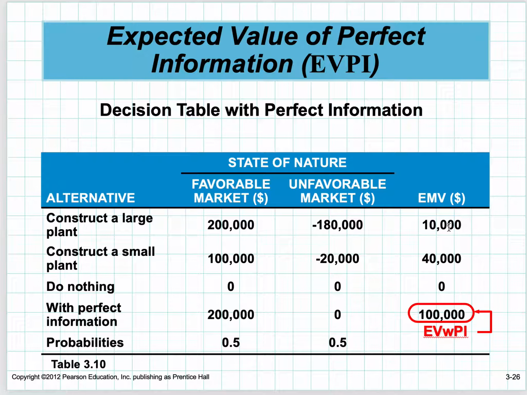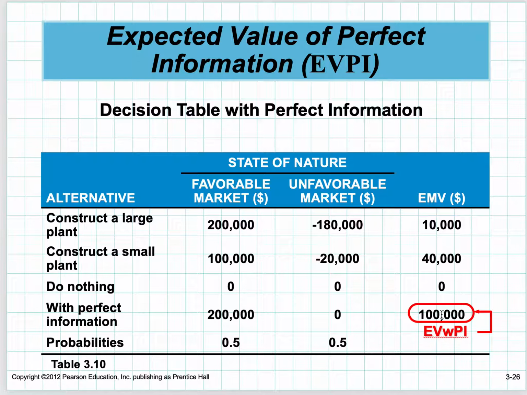Here's your EMV, 50-50. Now, what's the maximum of each column? Well, here it's 200. Here it's 0. Remember, when we're maximizing negative numbers, we pick the least negative number, which in this case is 0. I use the 50-50, I get $100,000.